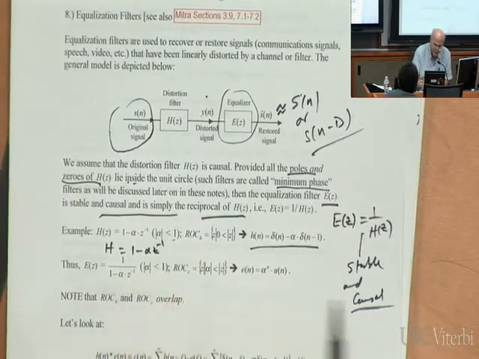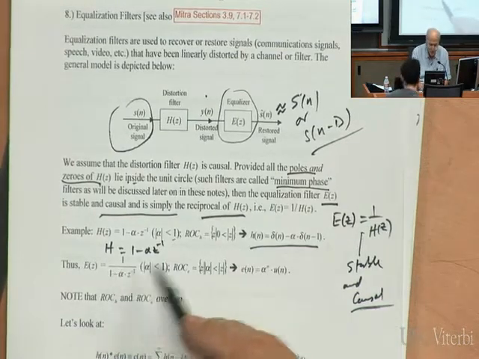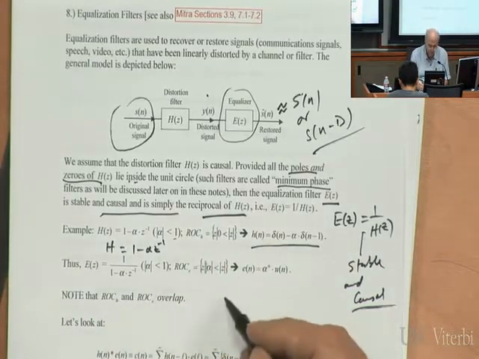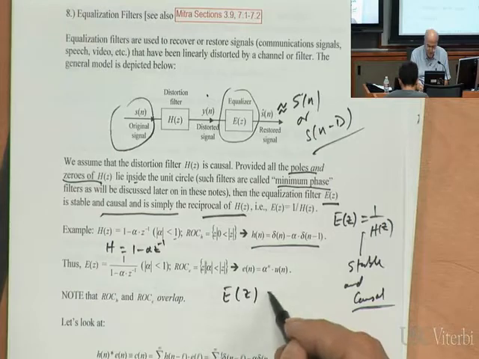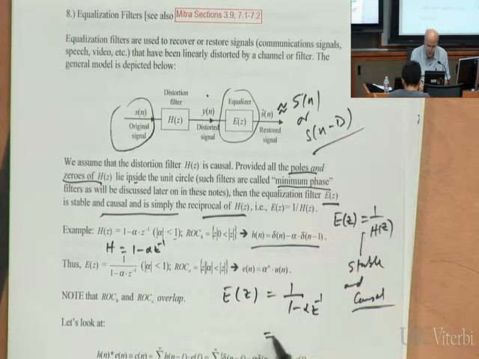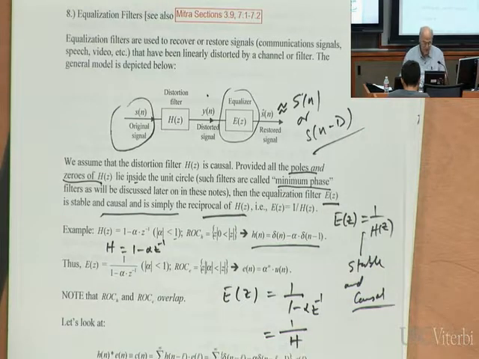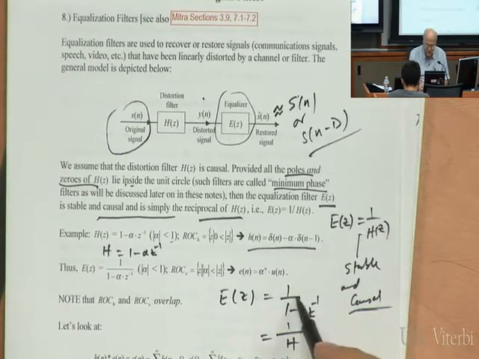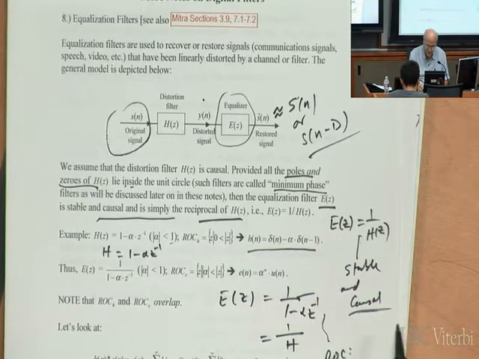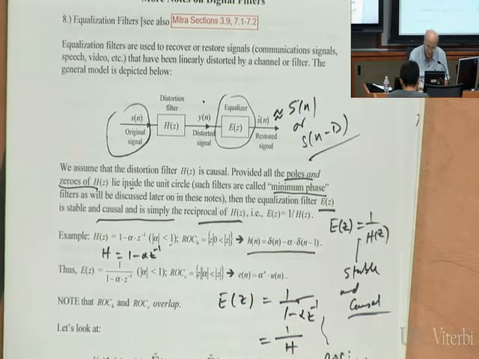So, what is E of z? Well, I'm going to make E of z 1 over 1 minus alpha z inverse. So now my question is, with the magnitude of alpha less than 1, okay? E of z is equal to 1 over 1 minus alpha z inverse, which in this example is 1 over H. And what is the region of convergence? Since everything is causal, the ROC is magnitude of z greater than the magnitude of alpha.